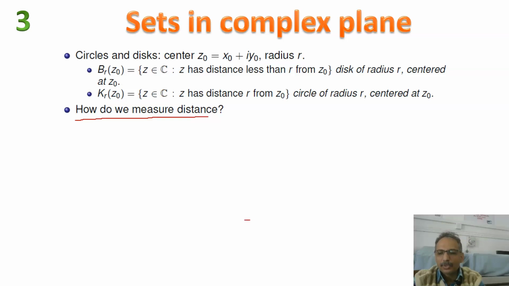Let us suppose that this is the real axis and the vertical axis is the imaginary axis, and I am talking about a point z0 here, and it has the expression z0 equal to x0 plus i times y0.